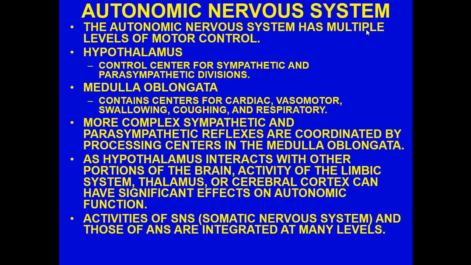Now, the hypothalamus is also going to interact with other portions of the brain. Activity of the limbic system, thalamus, and the cerebral cortex can have significant effects on autonomic function. Basically, you can have other systems that will kick in if it is necessary, or if the hypothalamus is not functioning properly.